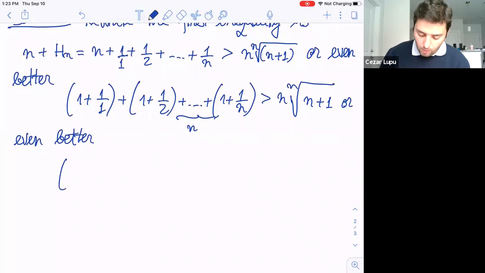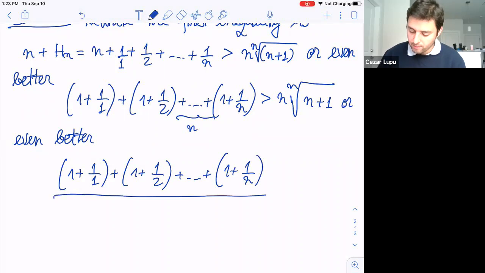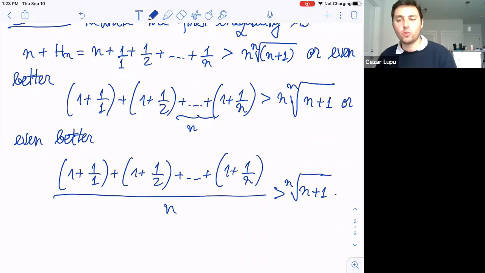Look here: 1 plus 1 over 1, plus 1 plus 1/2, plus all the way to 1 plus 1 over n, everything over n, is greater than the n-th root of n plus 1. What do I have on the left hand side? What is that expression on the left hand side?